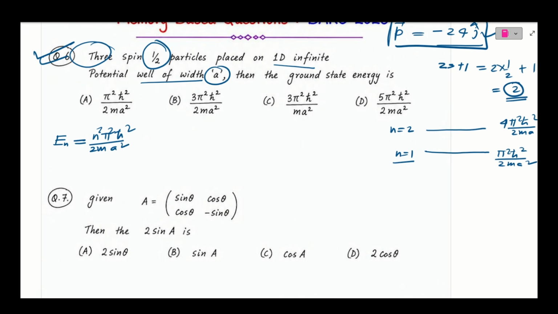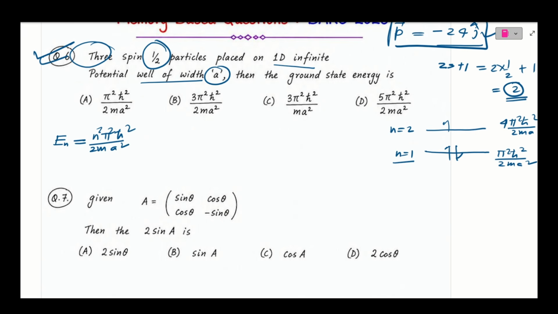So we have three particles, and there is a restriction that we can put a maximum of two particles in a single state. So we can put one particle here and one particle here, that means two are placed, but we have three particles. Okay, so one is left. So we can put another particle again in the lower state, because the occupancy is 2.